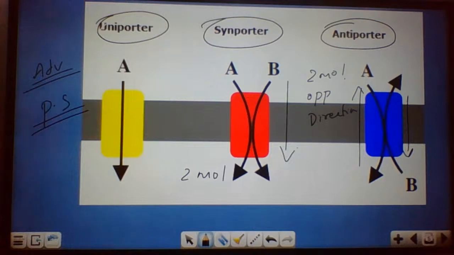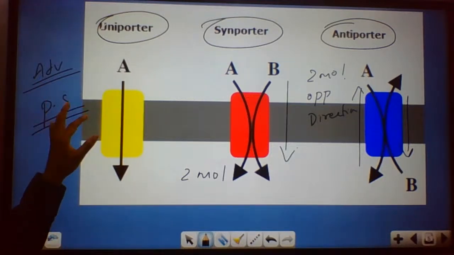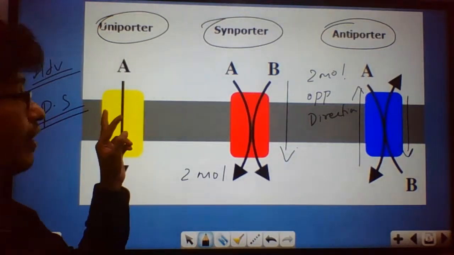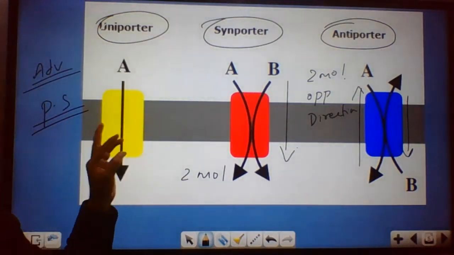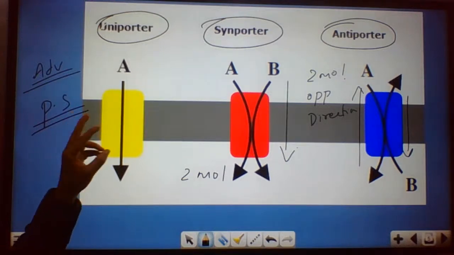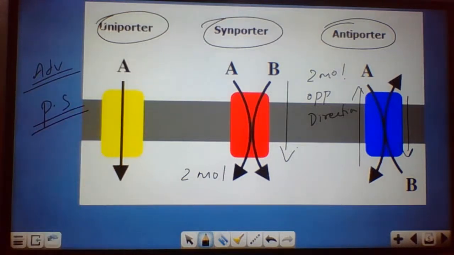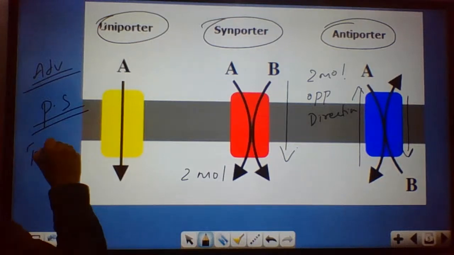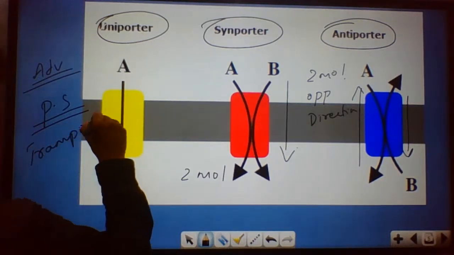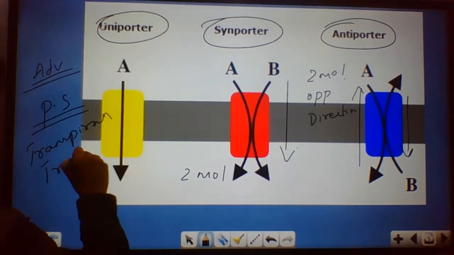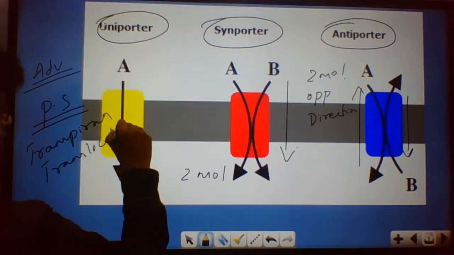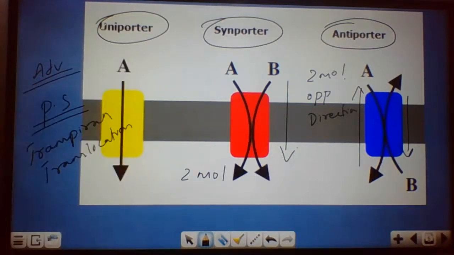Diffusion is beneficial for that, and also for respiration, transpiration, and translocation of food materials. In all these cases, diffusion plays a very important role.